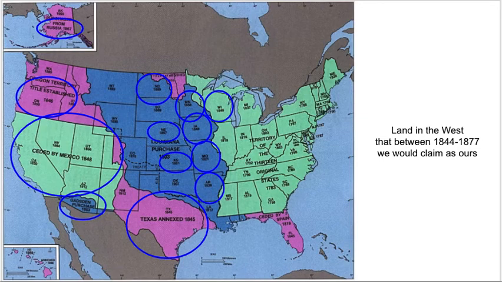Fascinating, isn't it? The land that we acquired between 1844 and 1877 as a result of the U.S. either having annexed it, purchased it, established it, or by way of having granted it statehood.